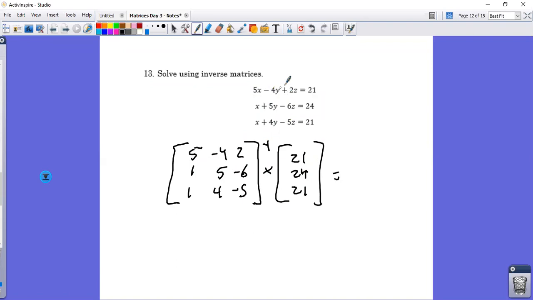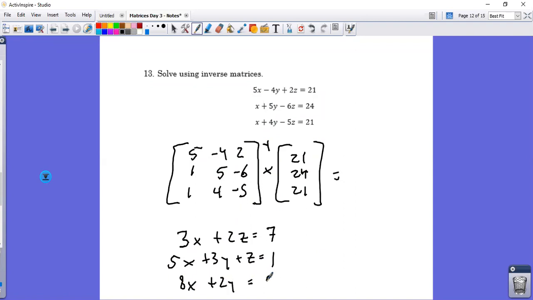If one of these is not there, if you had a system of equations like 3x plus 2z equals 7, and then 5x plus 3y plus z equals 1, and 8x plus 2y equals 5, right? When you set up that coefficient matrix, the 3 is the x.